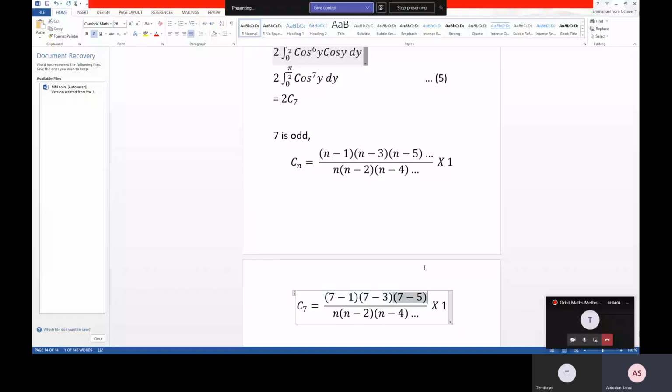So this is going to be 7 times 7 minus 2, 7 minus 4. After 3 of this up here, you stop at 3 of this here too. But if you put 7 minus 6, it doesn't count, because 1 doesn't change anything.